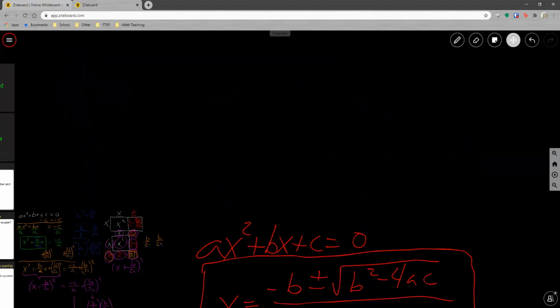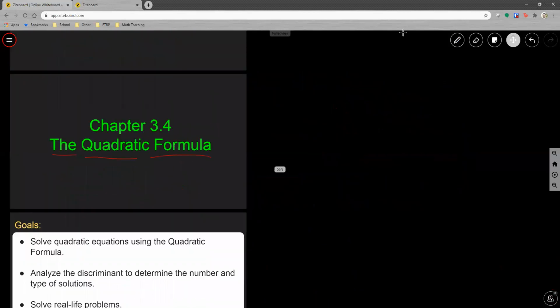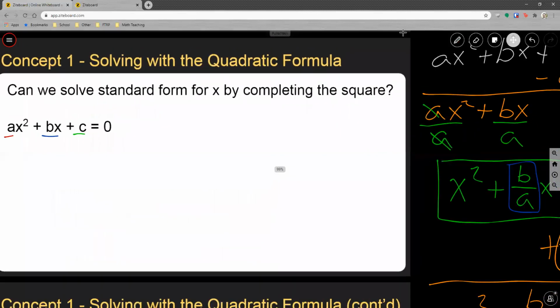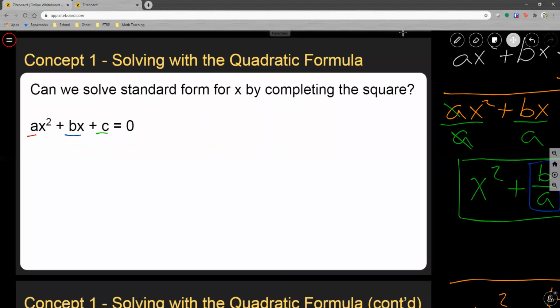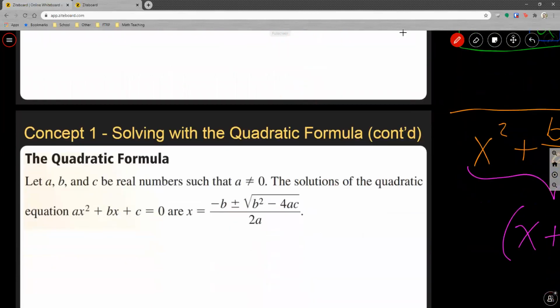So let's scroll back to our slides. Our slide said, can we solve standard form for x by completing the square? Yes, we just did. We found the quadratic formula, which is going to be on the next slide, so I'm not going to write it. So here's our concept.